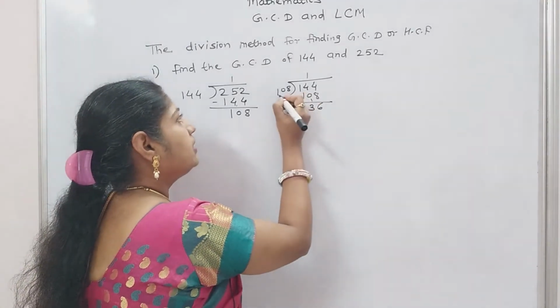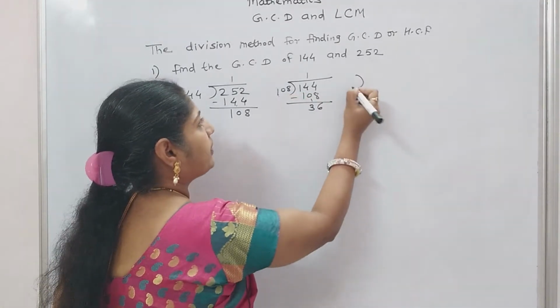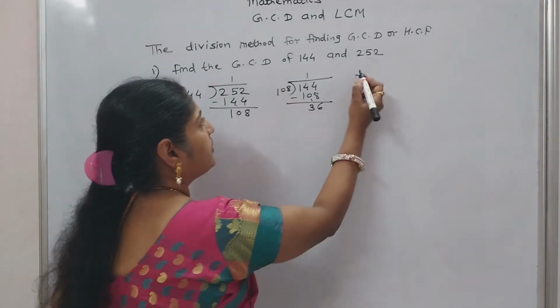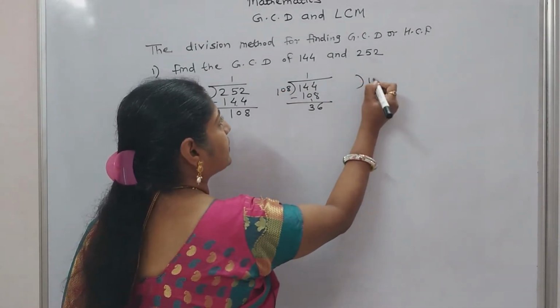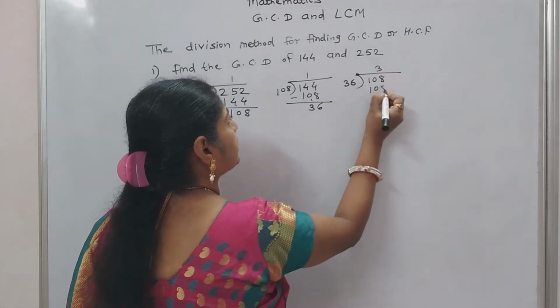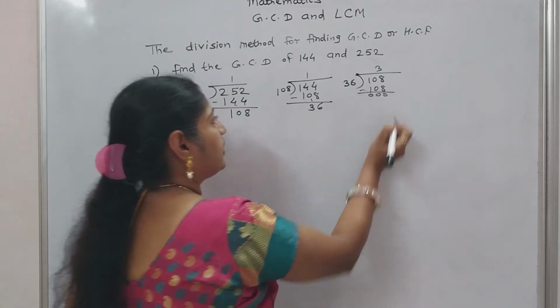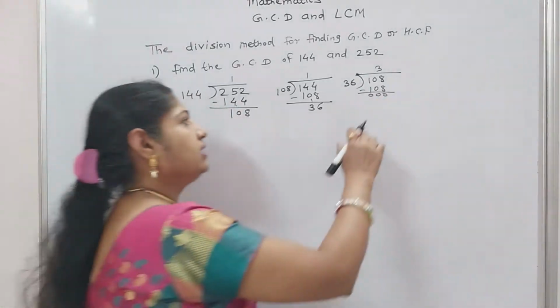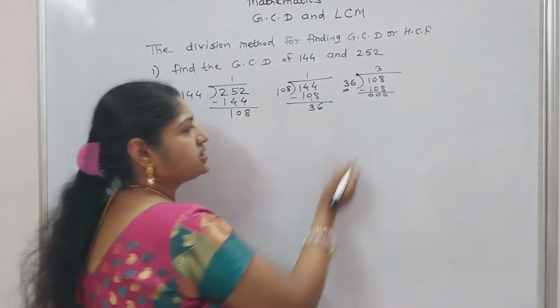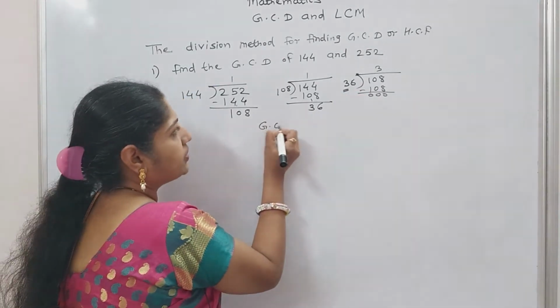Now divide the previous divisor by the remainder; the previous divisor is now the dividend. 36 threes are 108. Do this process till the remainder is 0. So our answer is 36. GCD equals 36.